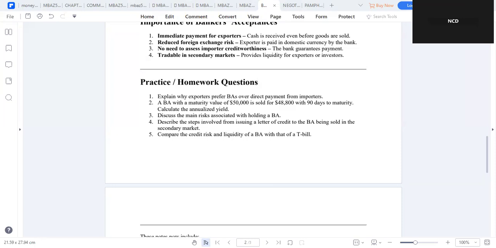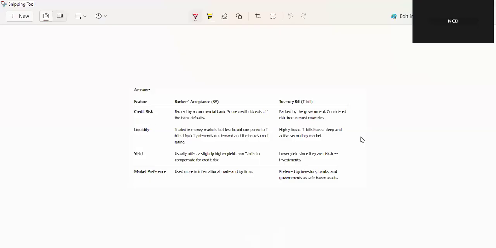A TB, in terms of credit risk, is backed by the government, so it's considered risk-free, whereas a BA is backed by commercial banks. So some credit risk exists if the bank defaults. Government cannot default.